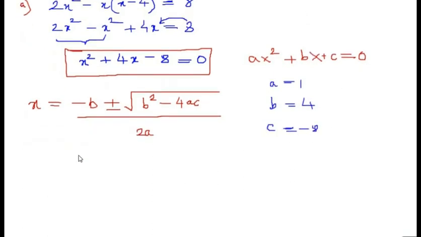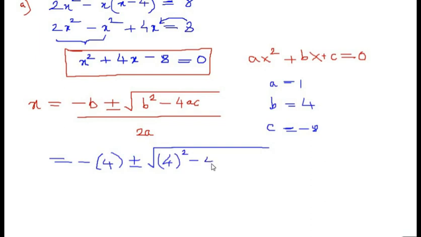So we have to substitute the values here. We get it as negative 4 plus or minus square root of 4 squared minus 4 times 1 times negative 8 over 2 times 1.